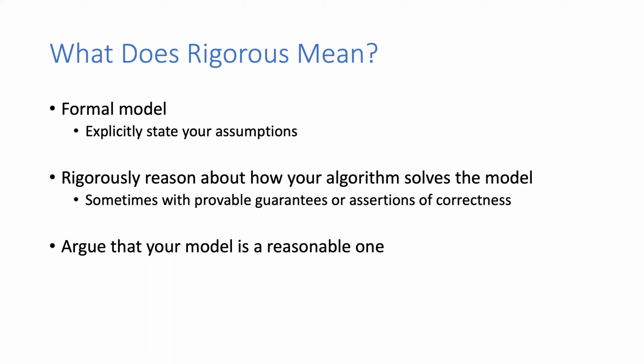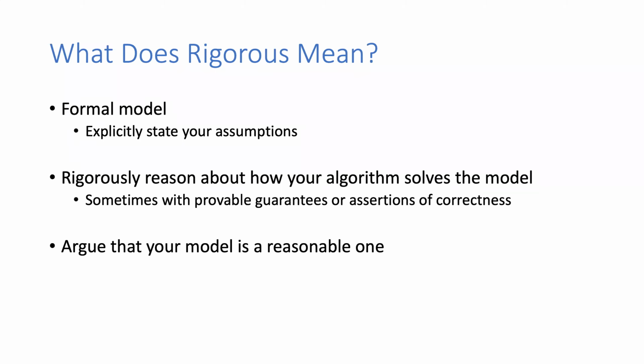One question that students often have when taking a research course for the first time is, what does rigorous mean? Rigorous is about being able to clearly state your assumptions, formalize them, state how a model or approach you're developing exploits or satisfies those assumptions, and rigorously reason about the downstream implications of those design choices, sometimes with provable guarantees or assertions of correctness, but that's not strictly speaking required.